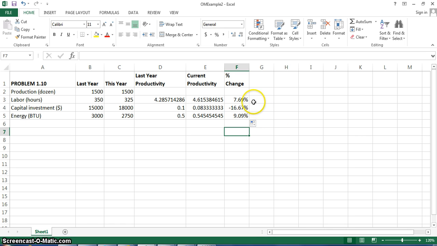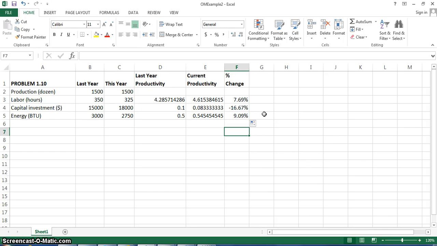What we see is that productivity has improved by about 7.7% for labor. Productivity has improved in terms of energy by about 9.1%. We would certainly believe that the percent change in productivity for energy could potentially be attributed to the additional capital investment.